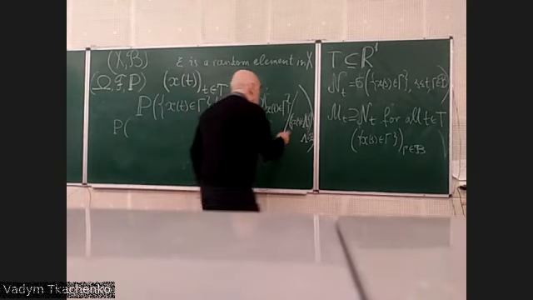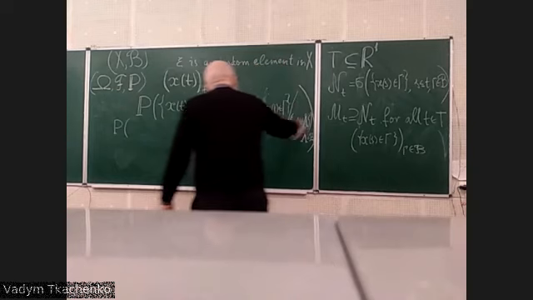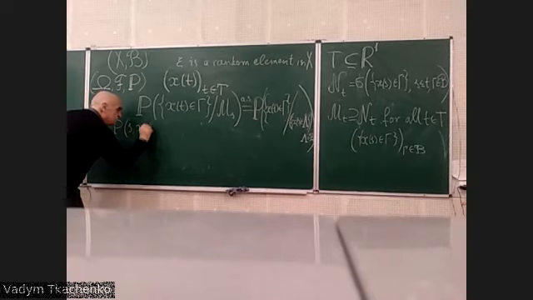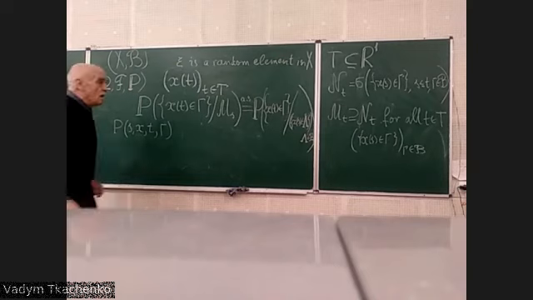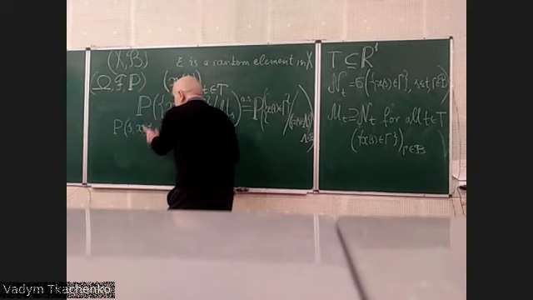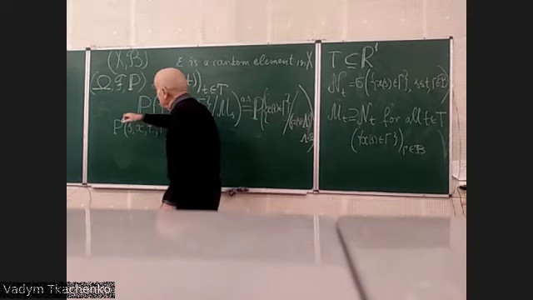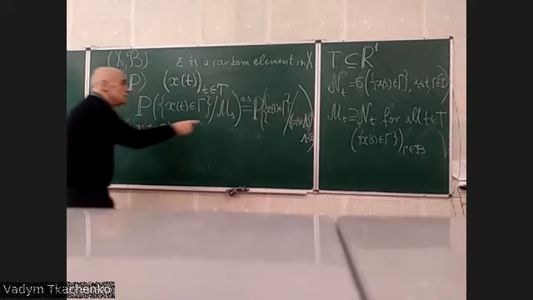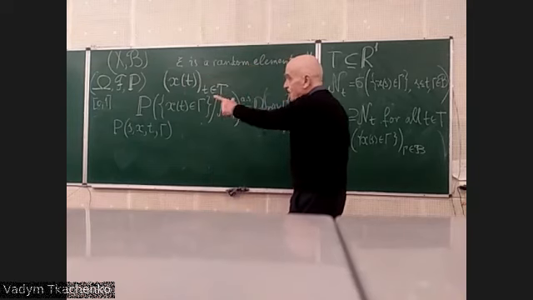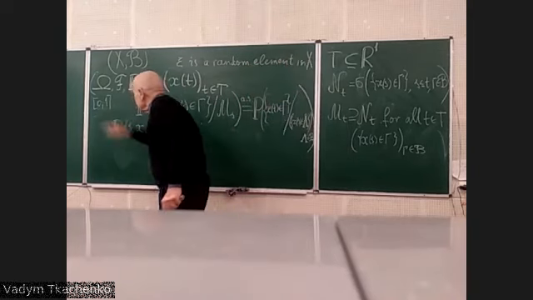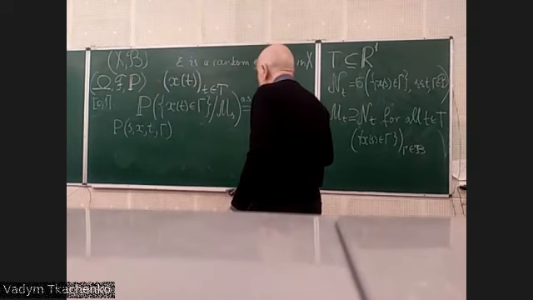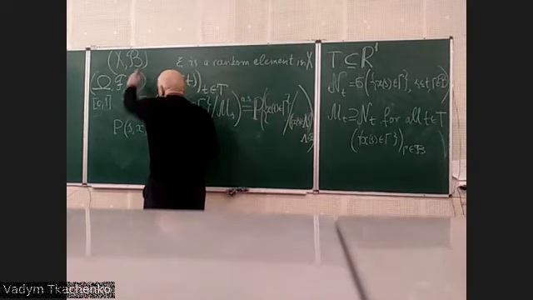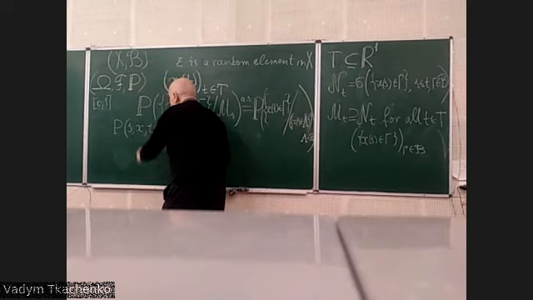It depends on S, T, and X. Okay, so I can write down here S, X, T, gamma, and there exists some function with its values in the interval 0, 1. This is the probability, yes, the conditional probability. So its values are in the interval, and it must be B measurable in this argument, okay?